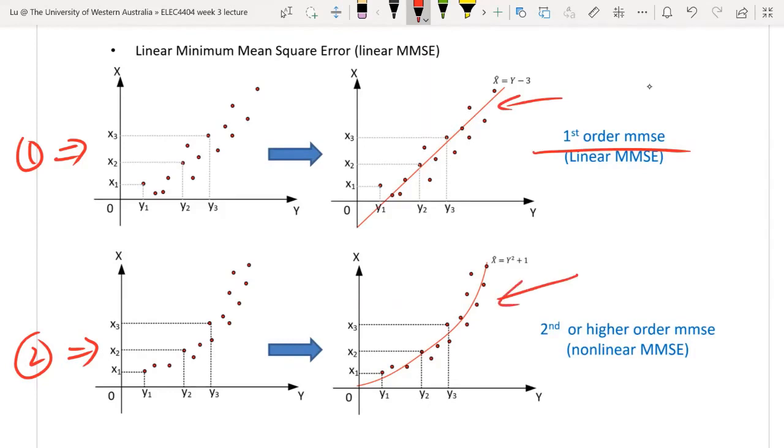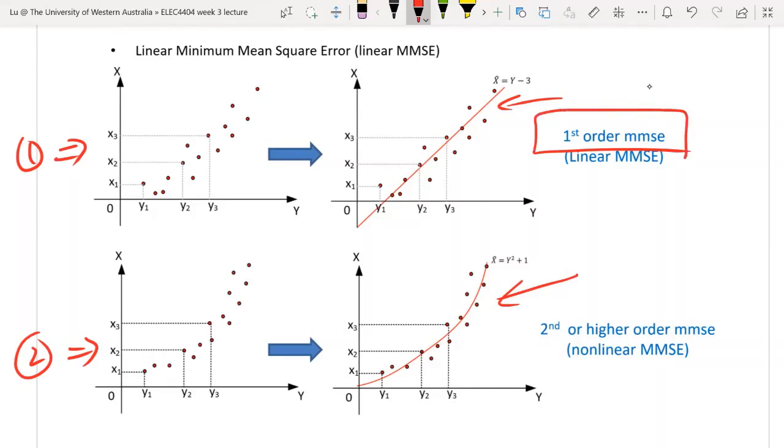In the second example, the order number is higher than 1 because it doesn't look like a line. It looks like a second order function curve. So in this unit, we focus on the first order MMSE only.